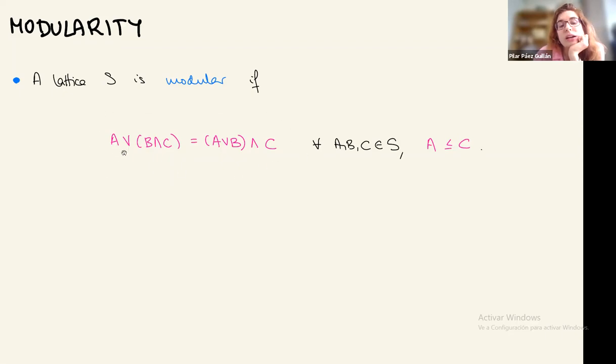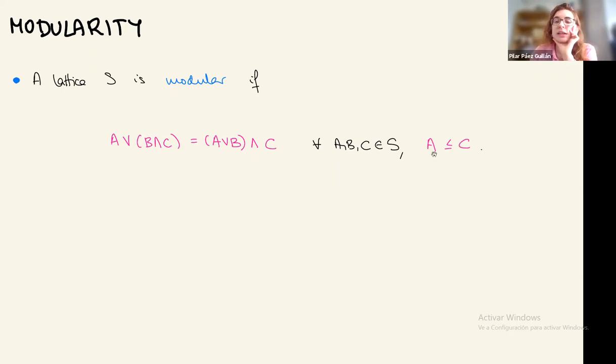Broadly speaking, if I have a join and a meet, I can put the parentheses in any way I want to. Okay, this join will be the same as this meet.